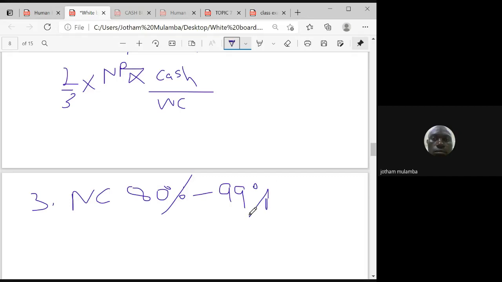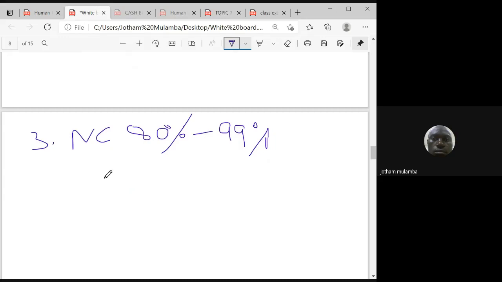So at this stage, the formula that will be applicable will be notional profit times work certified over contract price. So depending on the stage you get, then you should apply the effective method. So you have to ascertain the stage before you can compute the profit to be recognized.